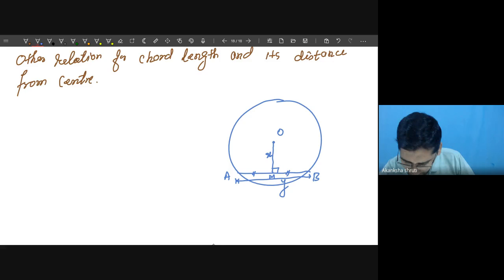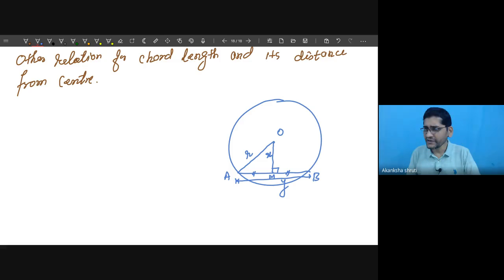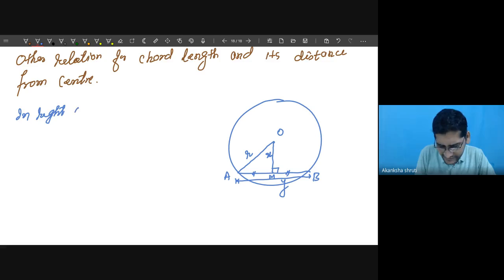Now, OA, what is this OA, student? OA is the radius of this circle. So here, in right angle triangle OMA, because it is the perpendicular that we have drawn.